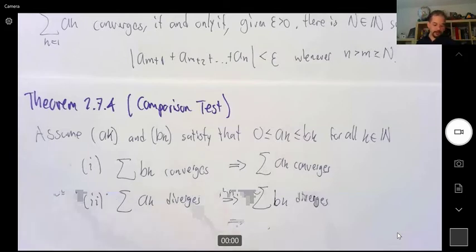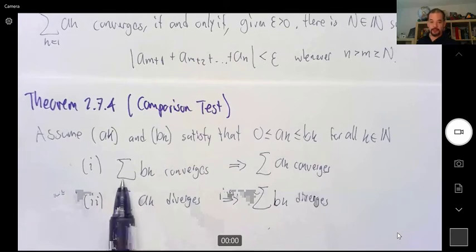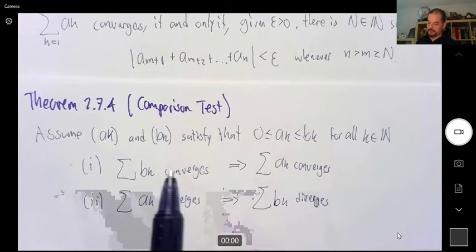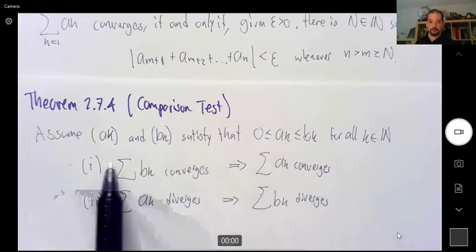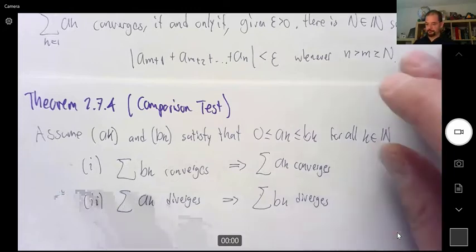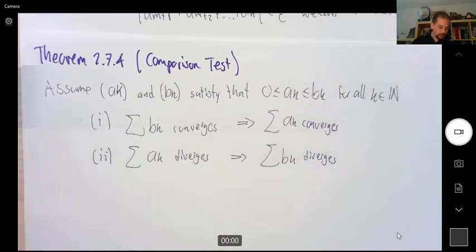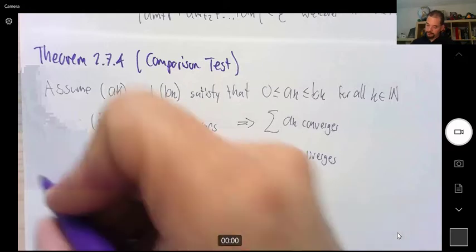And just like I said, note that 2 is the contrapositive of 1, right? So it's enough to prove one of these two. The other one is equivalent. This one says A implies B, and this one says not B implies not A. So it's enough to prove one of the two. Okay, so let's do it.